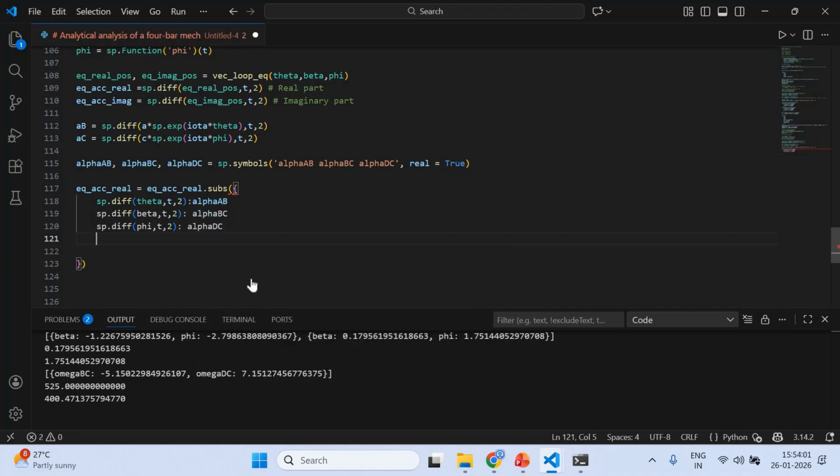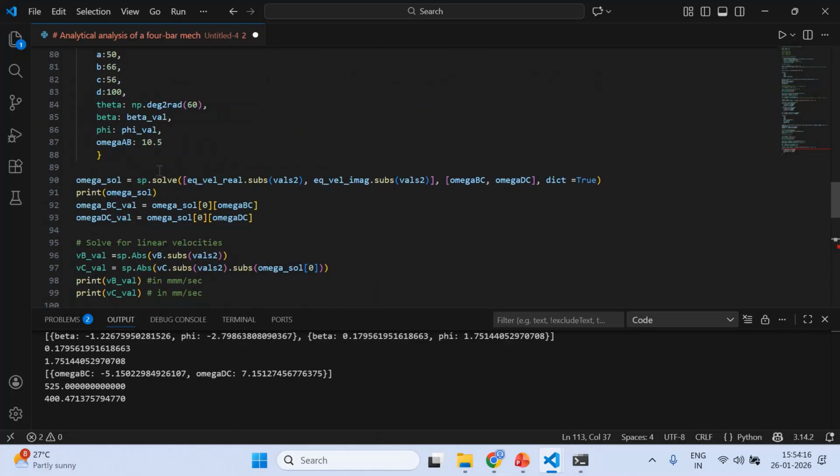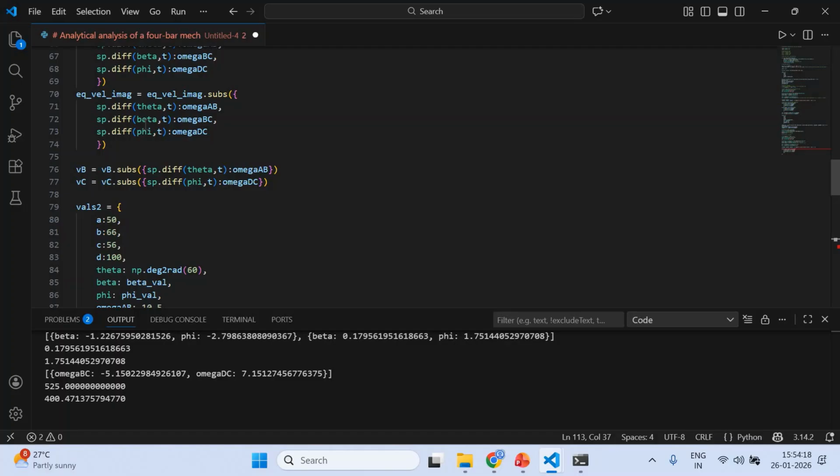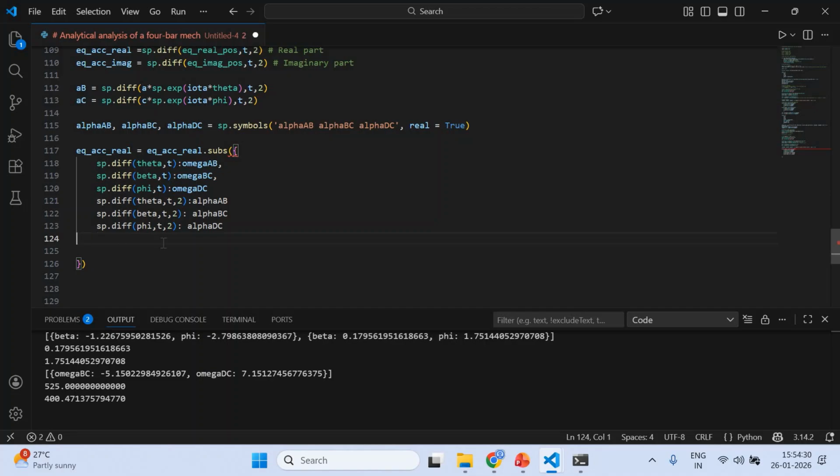Now since we have reintroduced theta, beta, phi as functions of time, we will again define the angular velocity. So we will simply take this from the top only. Here we have already defined these terms, so we will simply take them. Let us put it before the acceleration term just to avoid any sort of confusion.